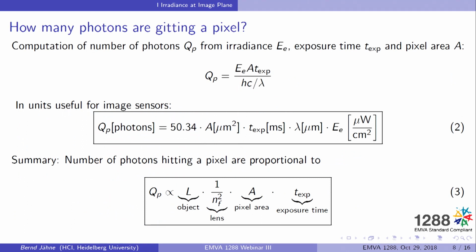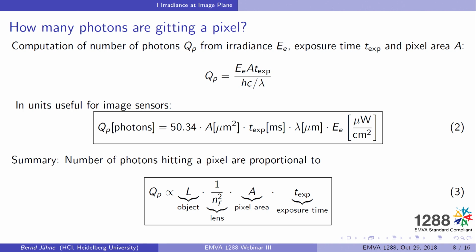So next thing is, we have expressed now the irradiance in physical energy units. That means in watts per square meter. But what we are actually interested in for an image sensor is basically how many photons we are getting at a pixel. And the computation of the number of photons actually requires now several steps. First thing is, we take our irradiance, that means watt per square meter.